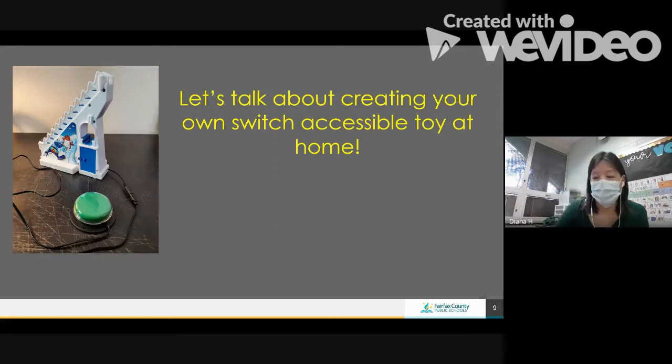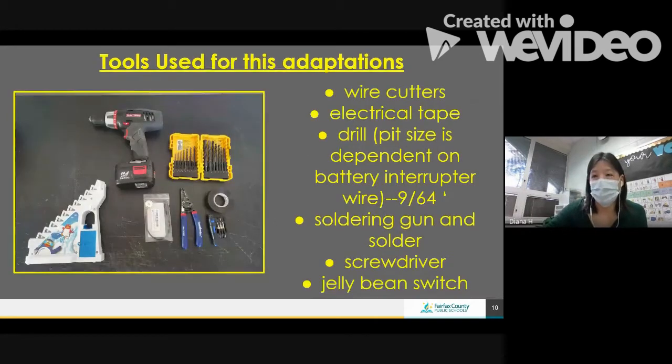So let's talk a little bit more about some of the tools that you will need to make your own Switch accessible toy. In this case, these are tools used for this particular adaptation. This particular toy is called a penguin race game, and these toys are available on Amazon.